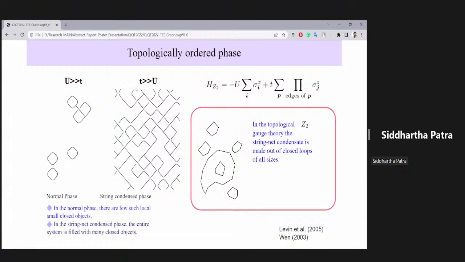But when T dominates, the entire system is filled with string loop-like objects, or string nets. A special class of topologically ordered phase is described by Z2 gauge theory, which shows a special class of string-net condensate, which is string loops. That means non-intersecting loops of all sizes exist in such phases.